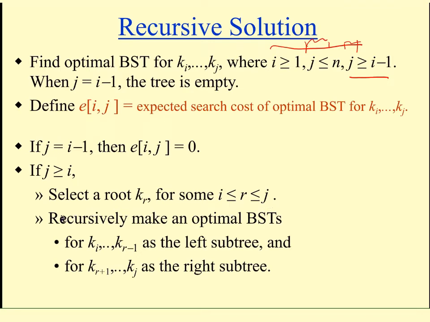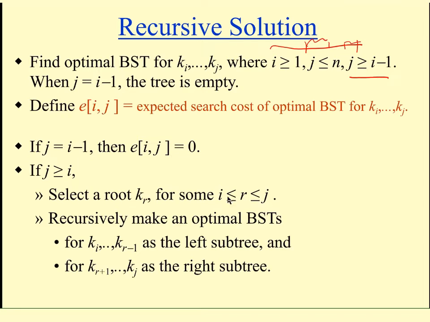Next, you recursively make an optimal BST. That means once you have selected a root, you want to find the optimal solution for the left, from i to r minus 1, and the right, from r plus 1 to j.